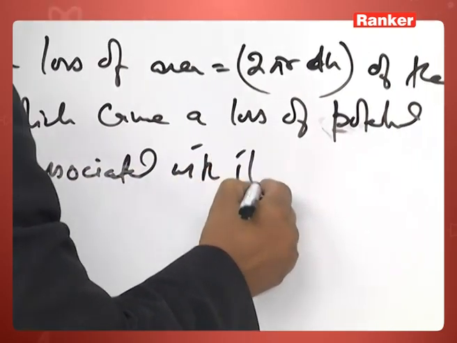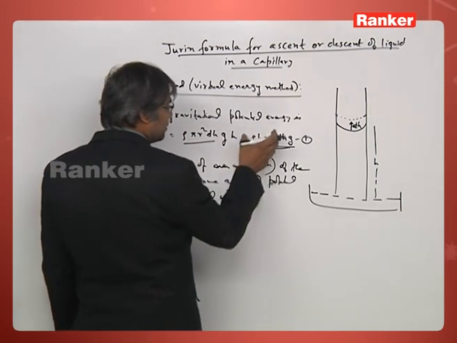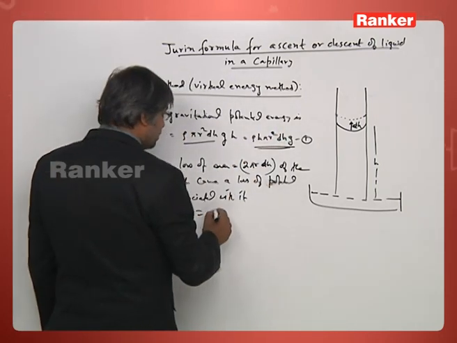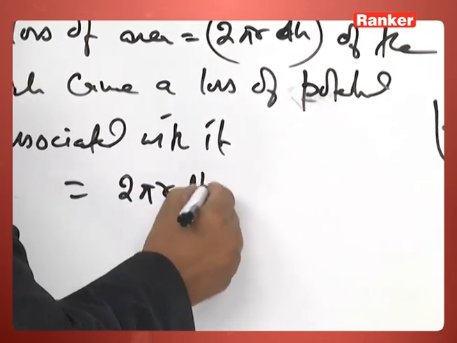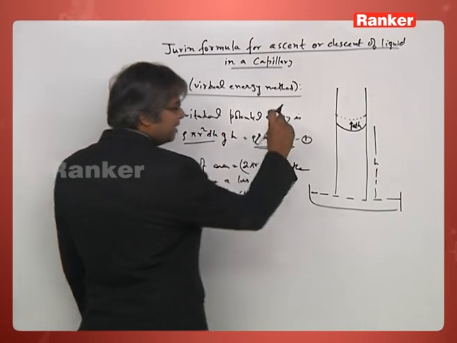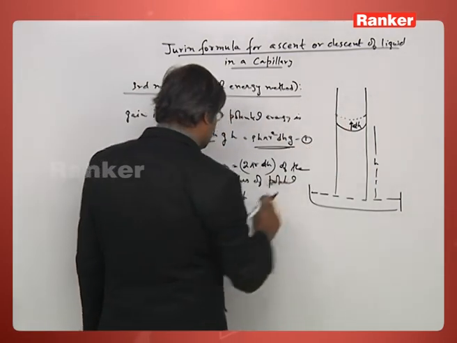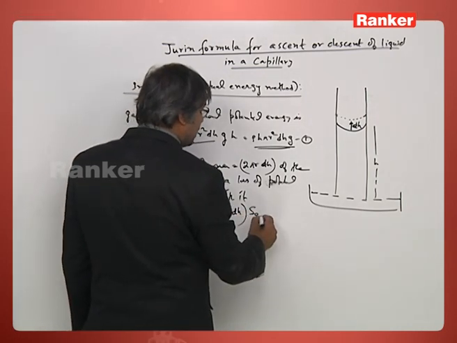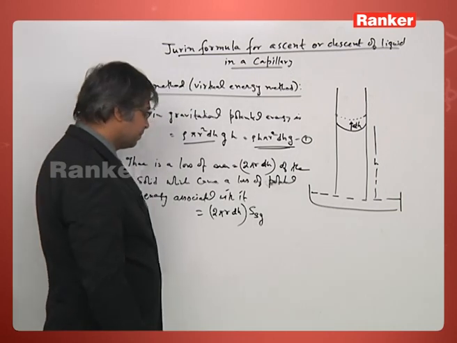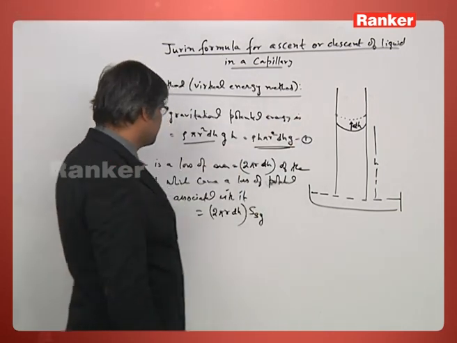So, gain is positive, loss is negative. So, how much? 2 pi r dh, 2 pi r is the length, and dh the height. So, this is a curved surface area, 2 pi r dh, into the surface tension of solid in contact with the gas. So, this much area is lost.